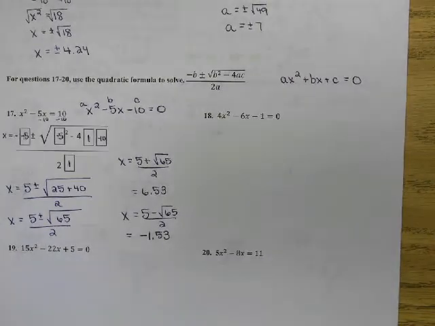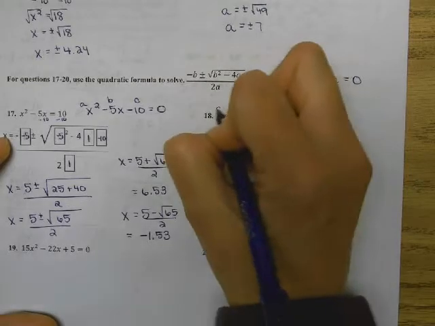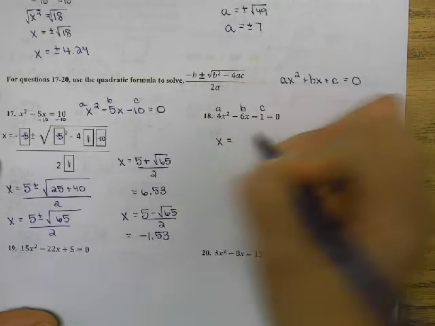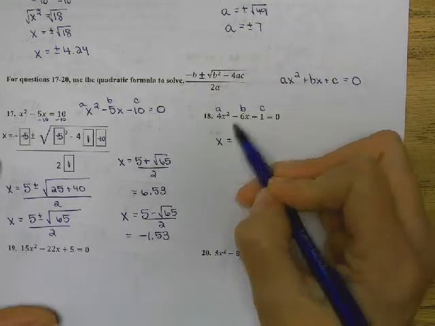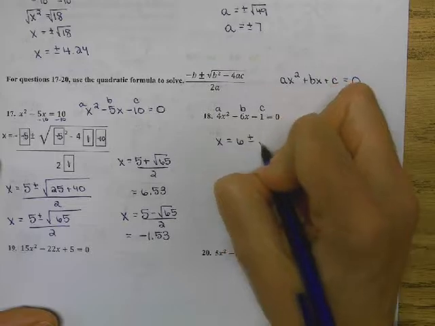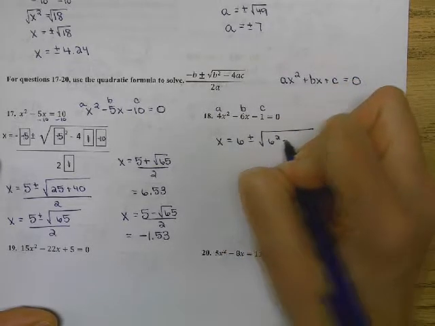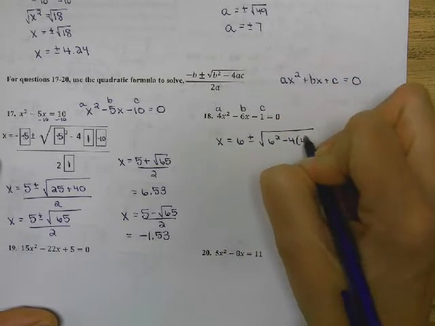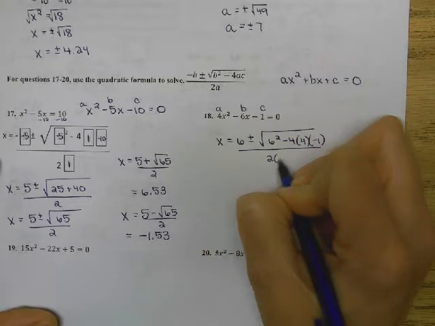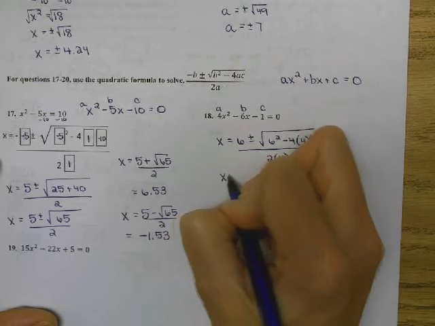Okay. On number 18, I have 4x squared minus 6x minus 1 equals 0. So it is already equal to 0, so I don't need to move anything around. So I have A, B, and C. So x is equal to a negative b. b is already a negative 6, so that's going to make it a positive 6, plus or minus the square root of 6 squared minus 4 times a times c, all of that divided by 2 times a.